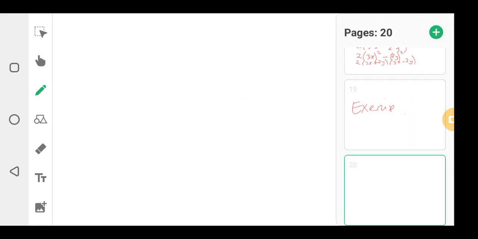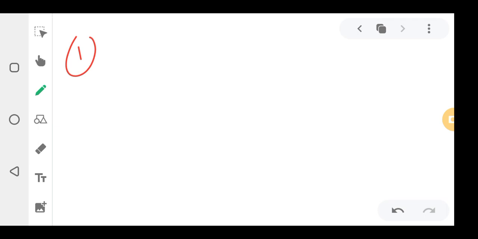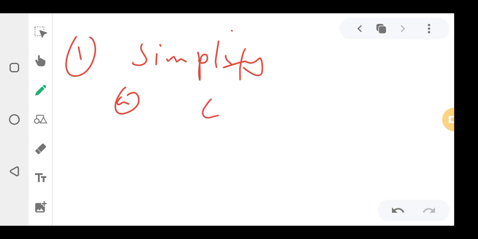Question 1. Simplify. Question 1, A: c squared minus 5 squared over c minus 5.